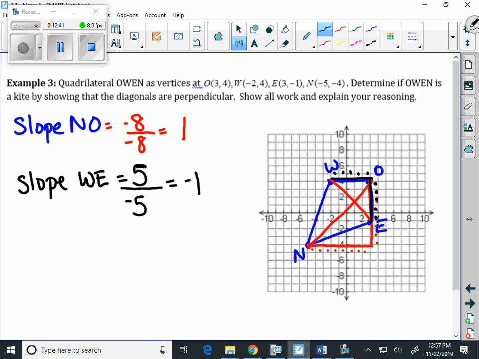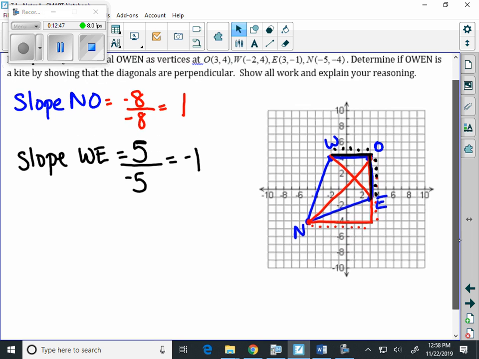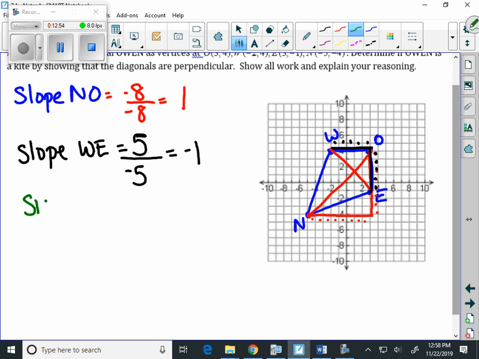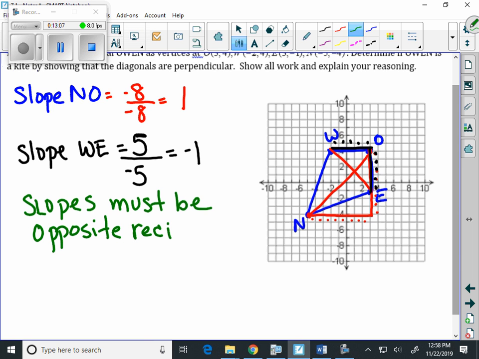The thing that we need to remember is that when something is perpendicular, the slopes must be opposite reciprocals for them to be perpendicular.